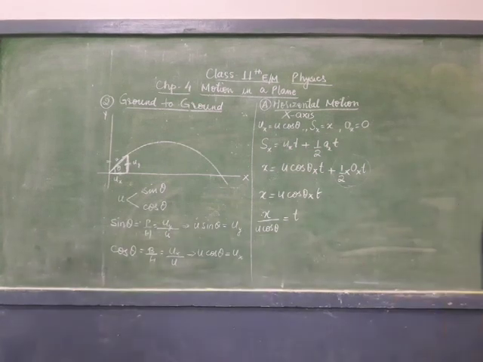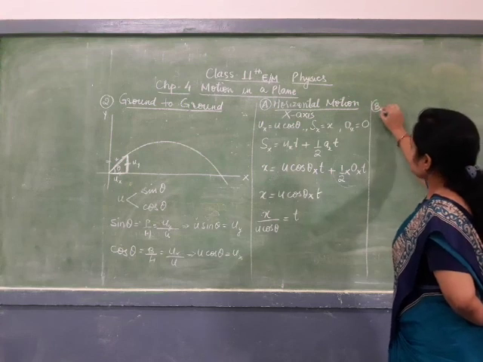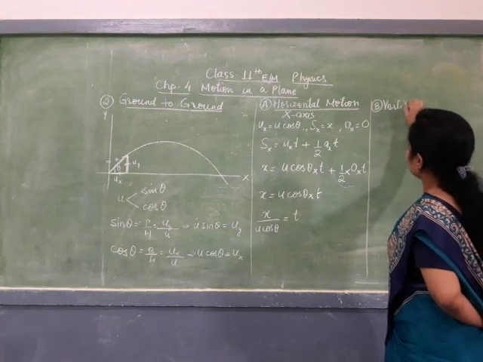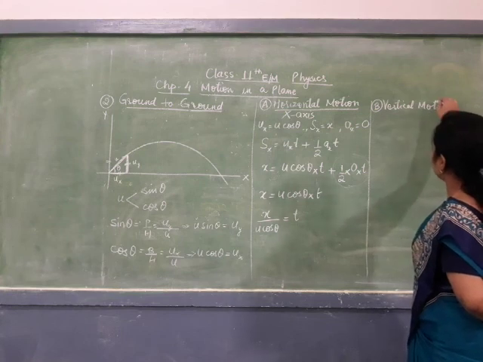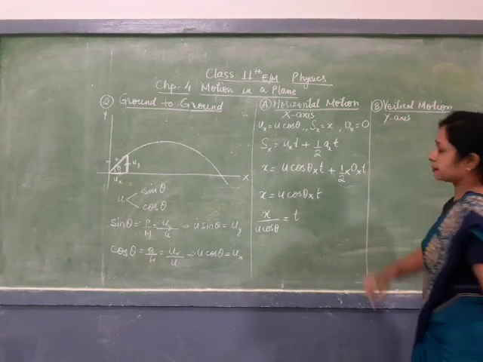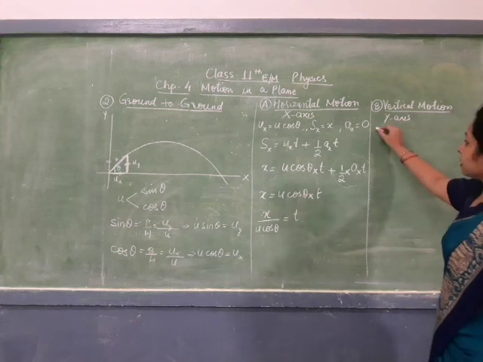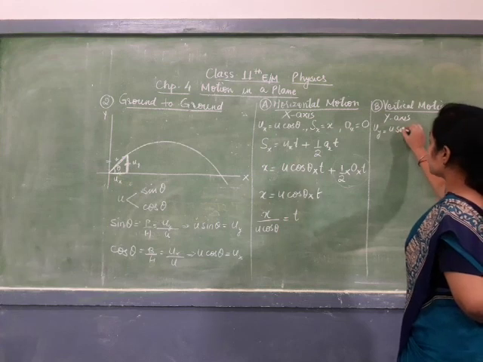Now the second part is the vertical motion. Vertical motion means when a body is moving with respect to the y-axis. In this y-axis, the initial velocity will be taken as u sin theta.